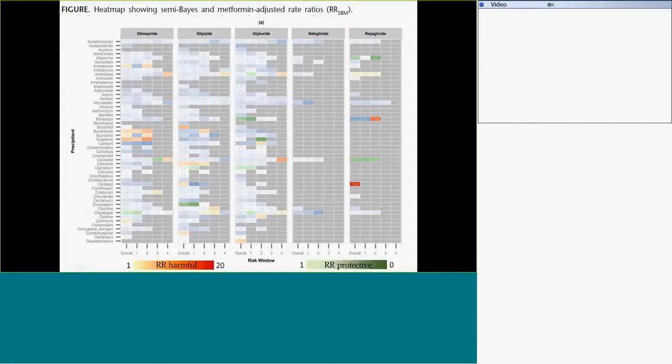And we combine that information with self-controlled case series pharmacoepi designs in administrative data sets to develop these heat maps to look at increases in rate ratios for given object drugs, as you can see along the top here.